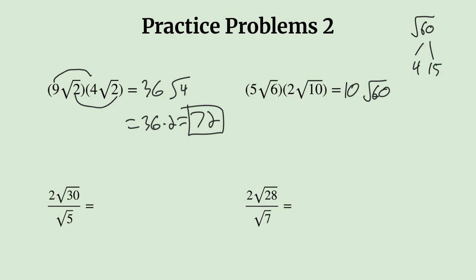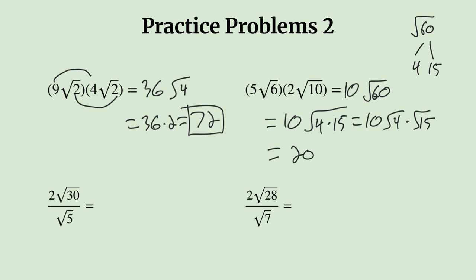So that means I'm going to rewrite the square root of 60 as the square root of 4 times the square root of 15. This is a whole longer process than I normally do. Then you can split that up into 2 multiplication parts. And then square root of 4 is 2, and 2 times 10 is 20.